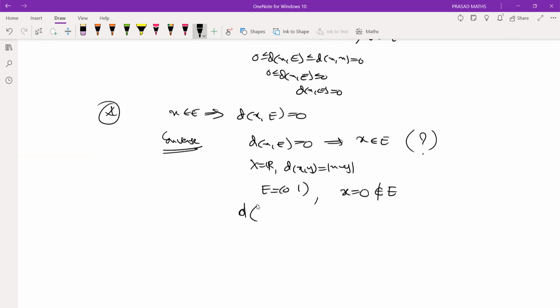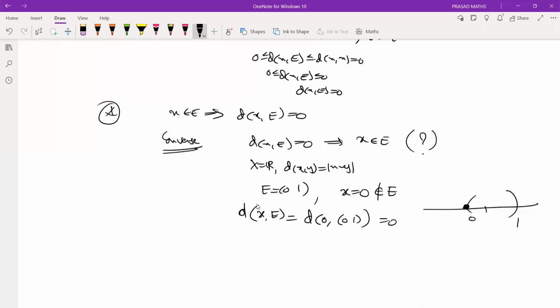Therefore, what is meant by the distance between x and E? That means the distance between 0 and the open interval 0 to 1. Anybody? What do you mean by the distance between 0 and this set? Anybody? What is this? 0.